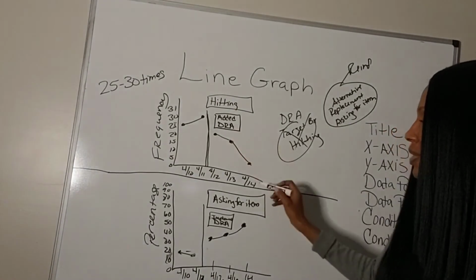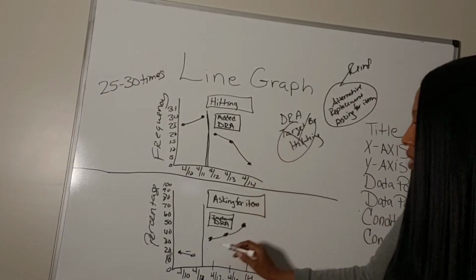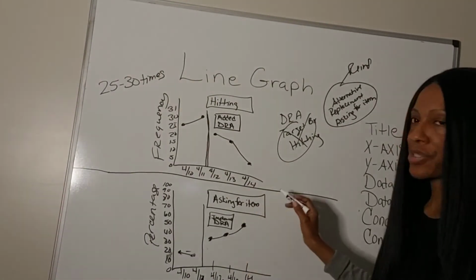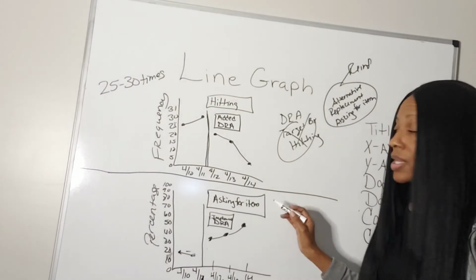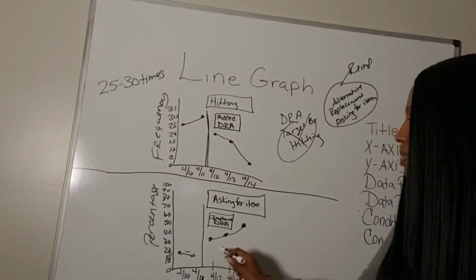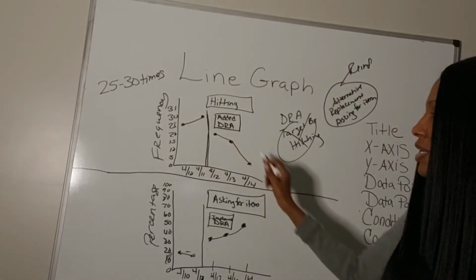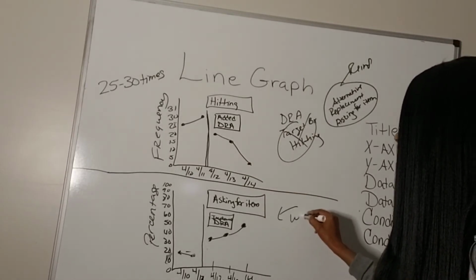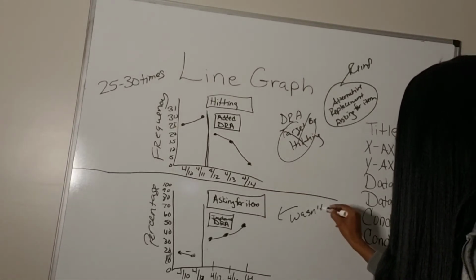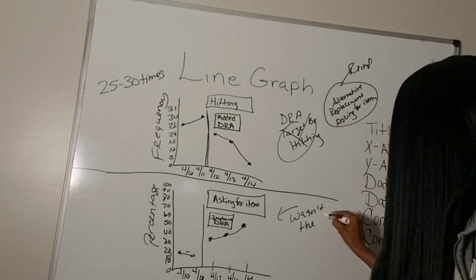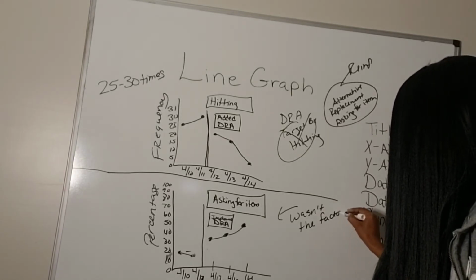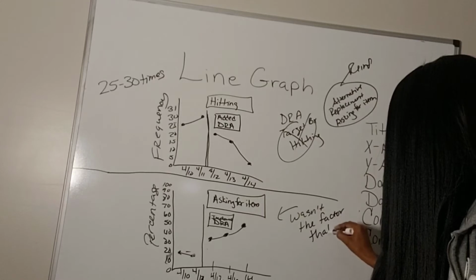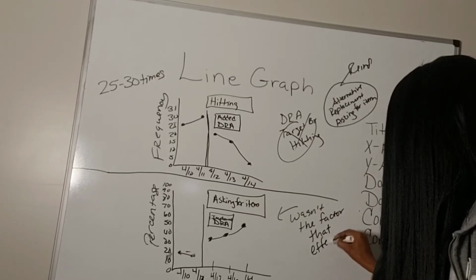If hitting is going down, then your DRA or your alternative behavior should be going up. If for some reason your alternative behavior is going down and hitting is going down, then this was not the factor that affected the behavior.